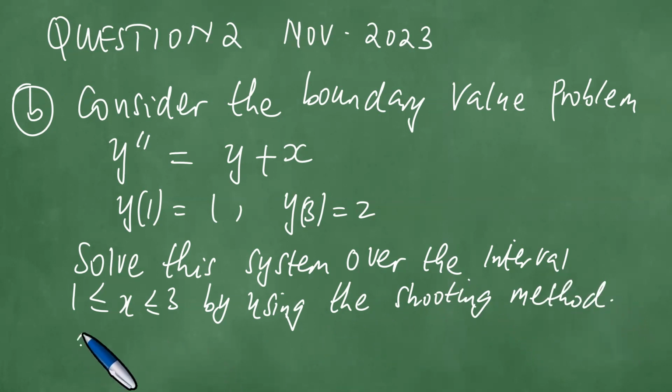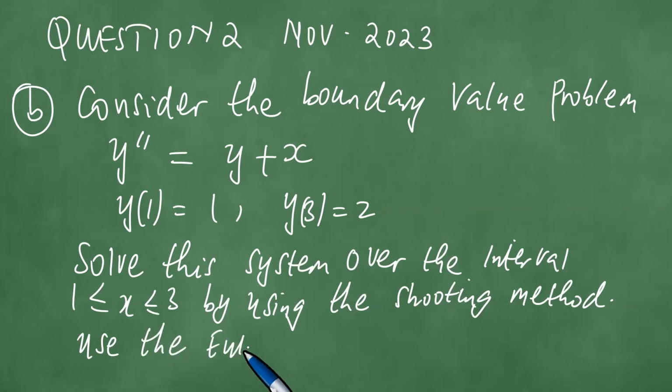So the shooting method always goes with the approximation method that is going to be used, because the shooting method is about guesswork. You always start with the guess and then you work towards the desired value. In this case, we are starting from y1 equals 1 to y3 equals 2. So you need to use the Euler method.